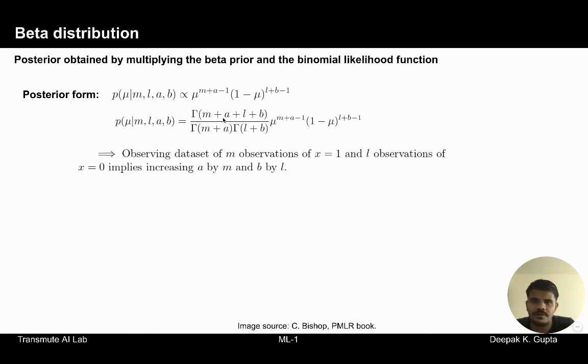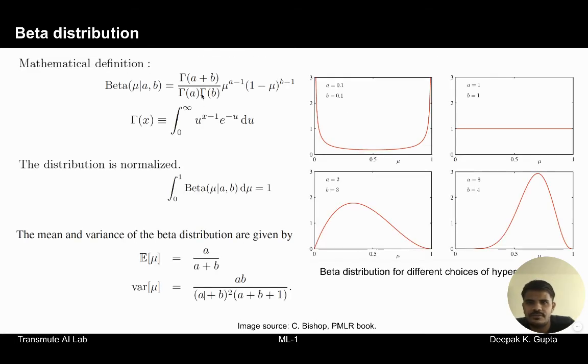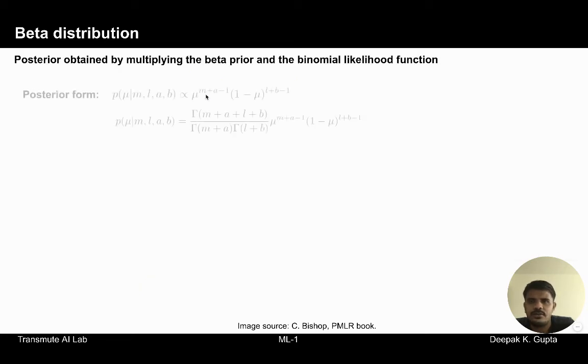So previously our prior was this, and if we replace a with m plus a and b with l plus b, we can still use it as our prior. For example, if we started with a certain prior and then we have some information from the likelihood function as well, meaning information from some observations, and we multiply the prior with the likelihood function, we obtain this posterior.